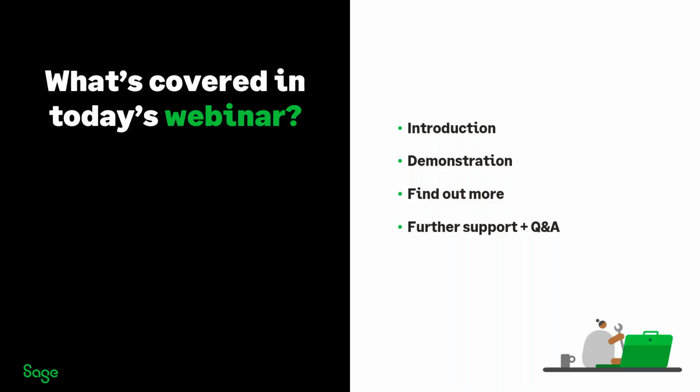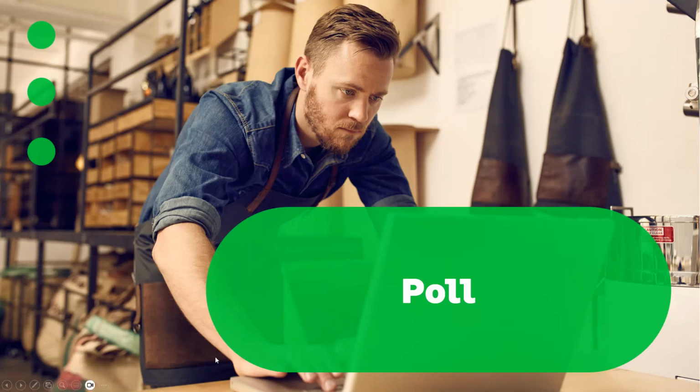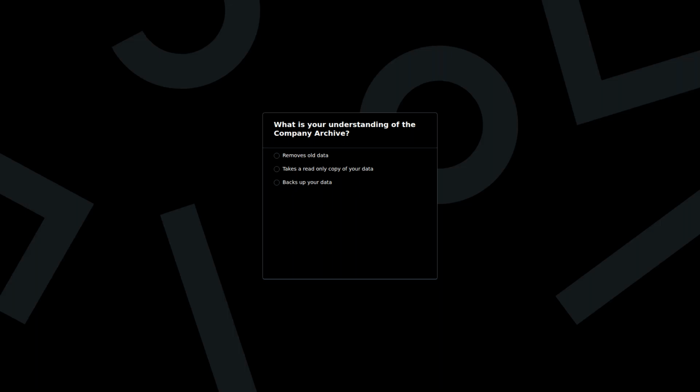So before we dive in, I'm just going to run a poll to see what your understanding is of the actual archive itself. I just want to know what your understanding of the company archive is. Does it remove all old data? Or does it take just a read-only copy of your data? Or does it back your data up? I'll give you a couple of moments to fill that in.